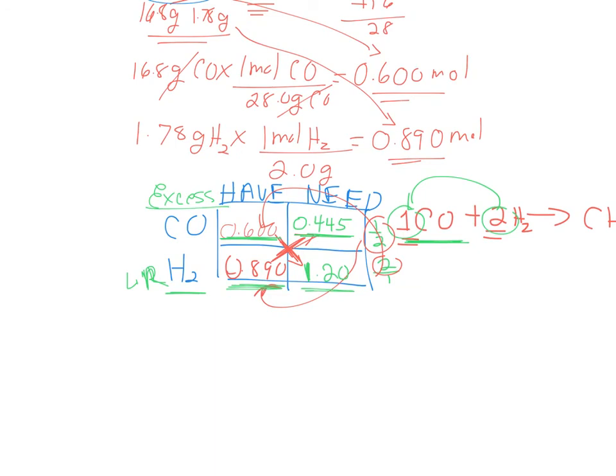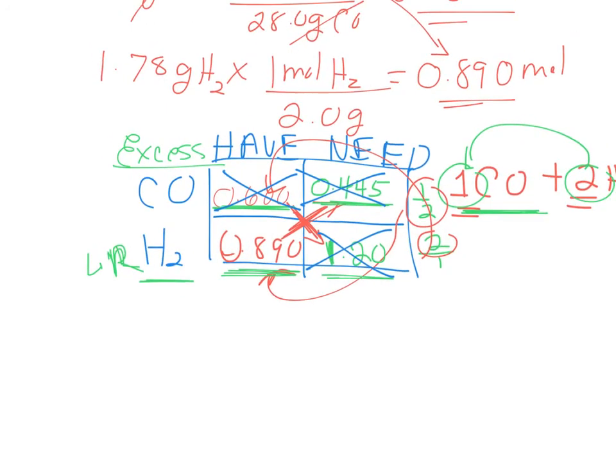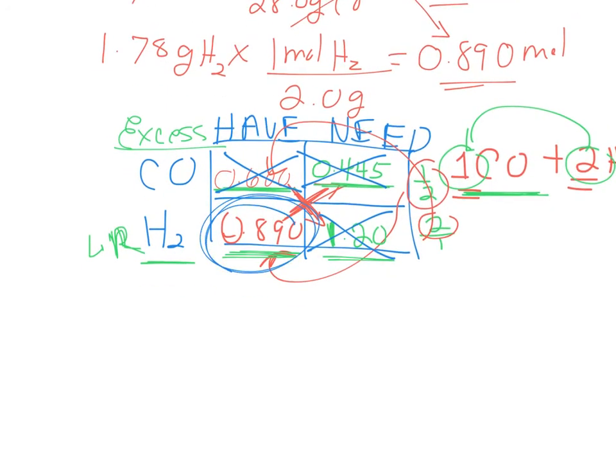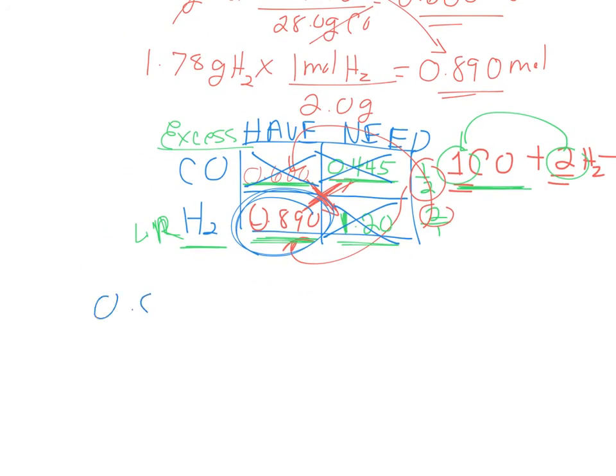All right, now what do we do with this information? We cross out everything that is not the limiting reagent. This is the limiting reagent, so we're going to start with 0.890 moles. Remember, it's moles because we're getting it off the molar box of hydrogen.